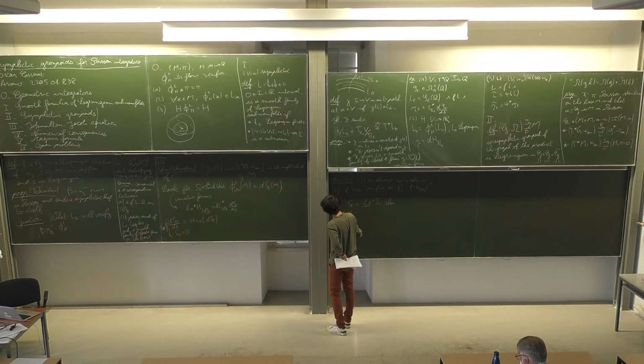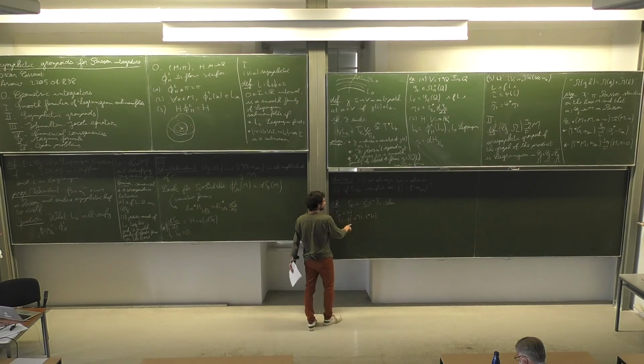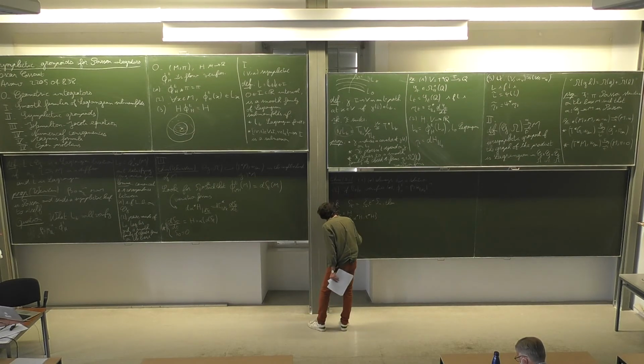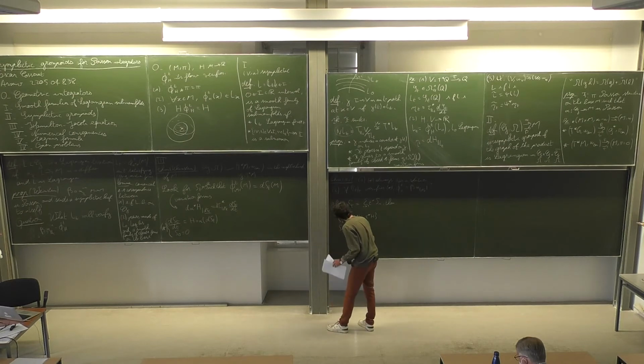S_1 will be H, S_2 will be alpha star of H, star of H. So those are the Poisson brackets of the canonical symplectic form. And one can keep on.